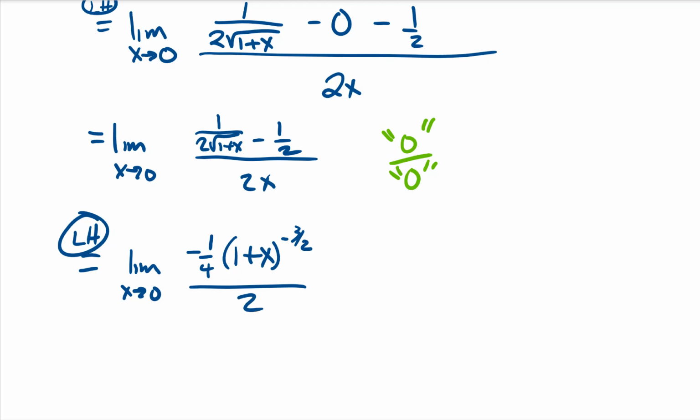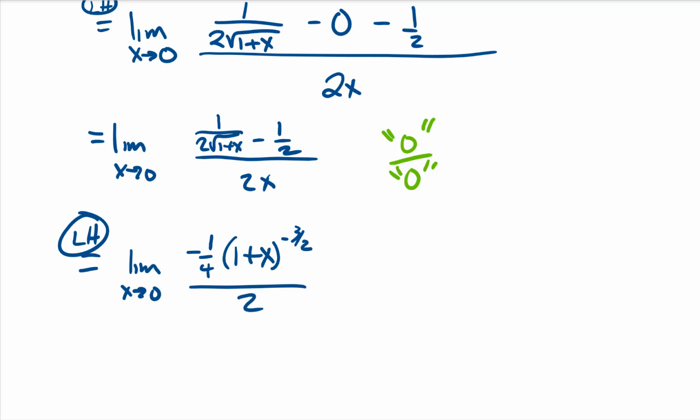So we took the derivative of the top, the 1/2 clearly went away, but this derivative of 1 over 2 times the root of 1 plus x is equal to this down here, that derivative. They match up, okay? I just jumped the steps because we should be past taking derivatives at this point. And now we are allowed to plug it in. We know there's no issue because there's no more variable in the denominator.